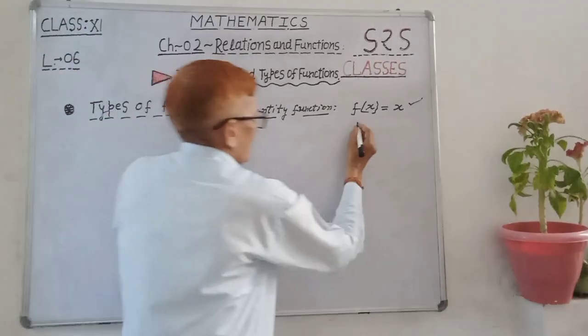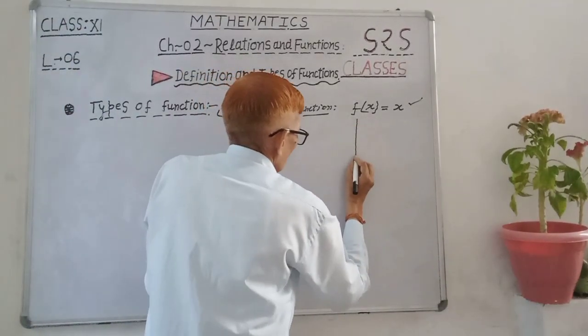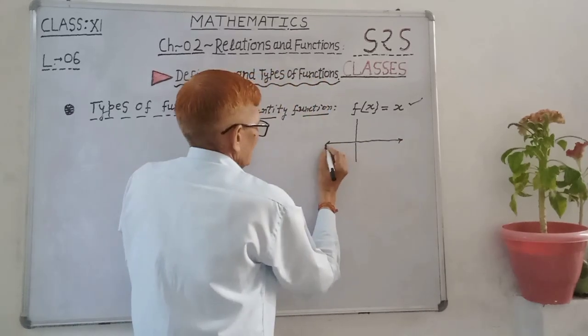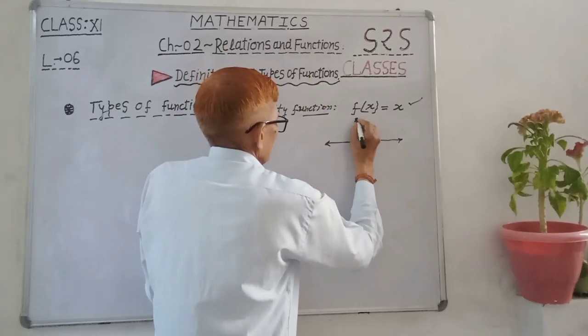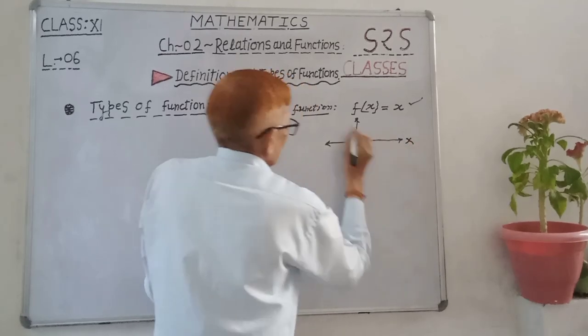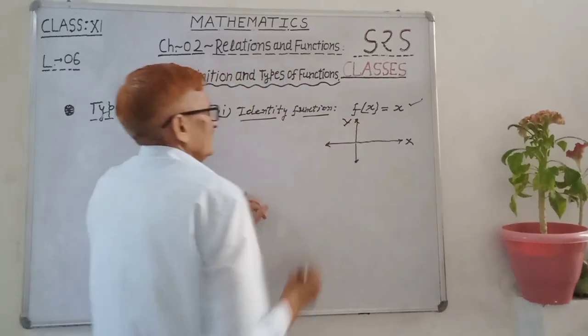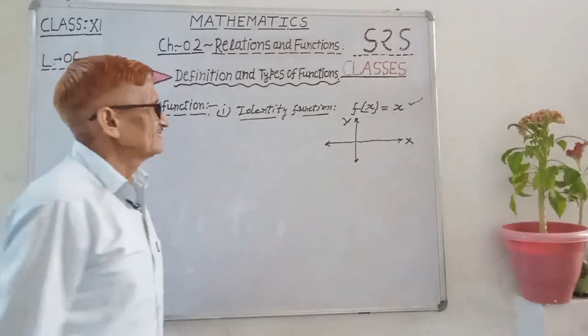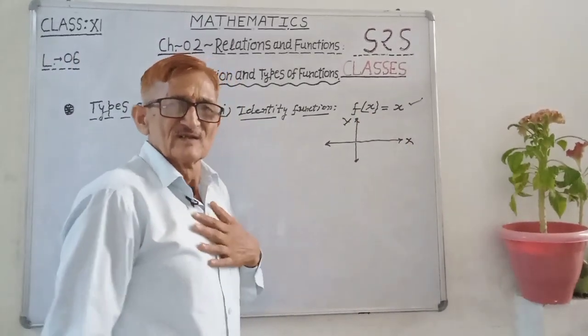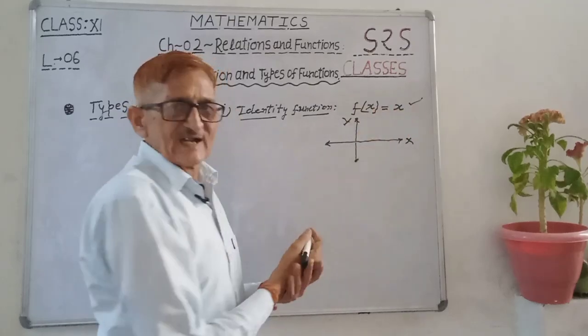Now the graph of this function. Generally, you can see this x-axis and this y-axis. f(x) = x means y is also the same. If x is 1, then f(1) is 1, that is y.